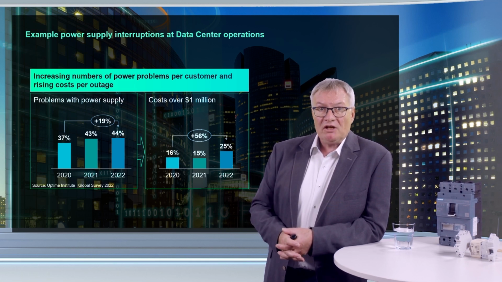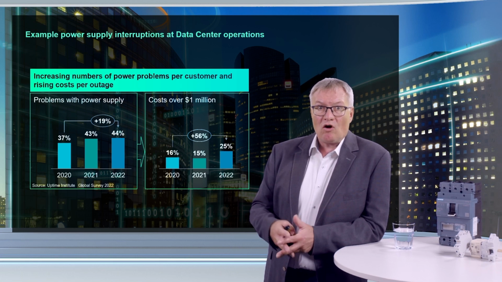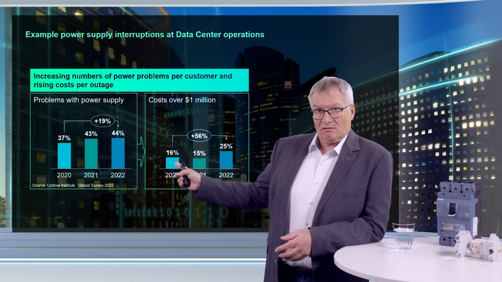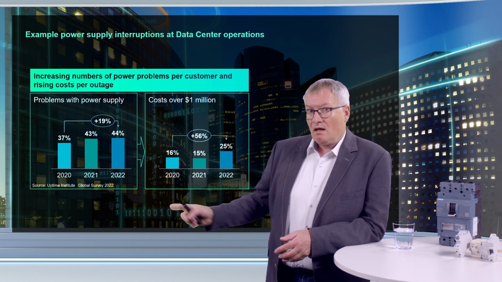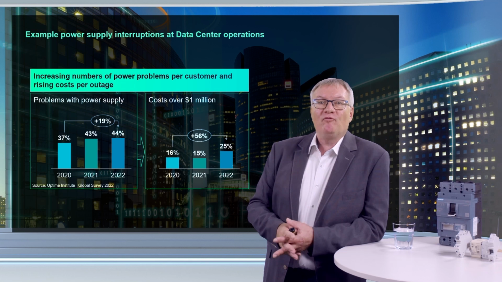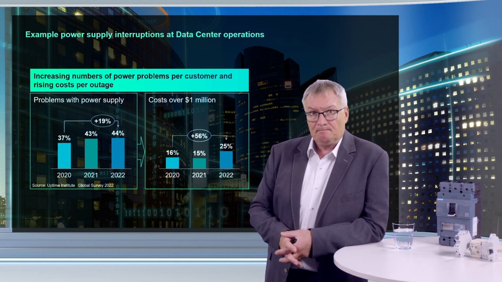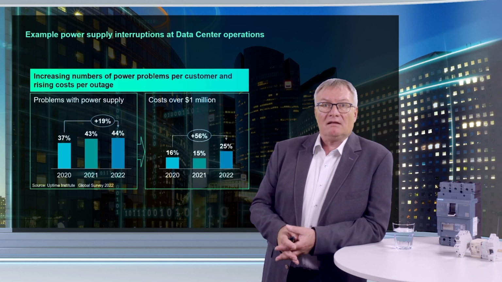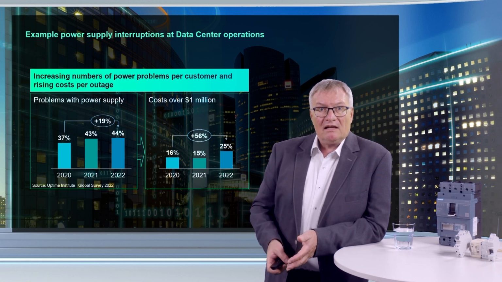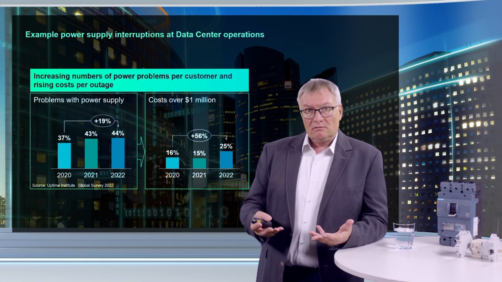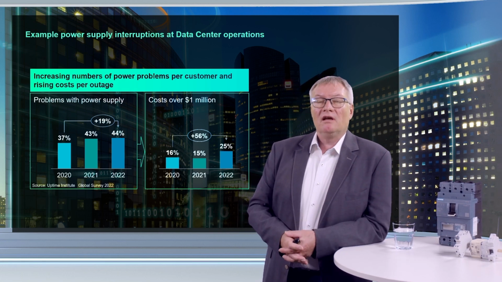Nevertheless, the measures taken during the planning and operation of data centers over the past few years show an undesirable increase in problems and high costs. I'm sure you also have been affected by a power interruption in your facility. I suspect this failure had undesirable consequences for you that you would like to avoid in the future.